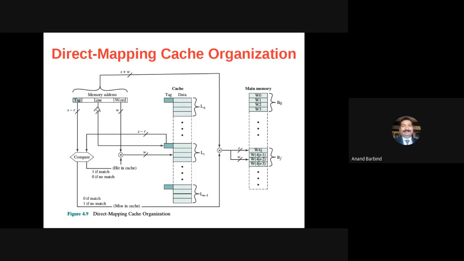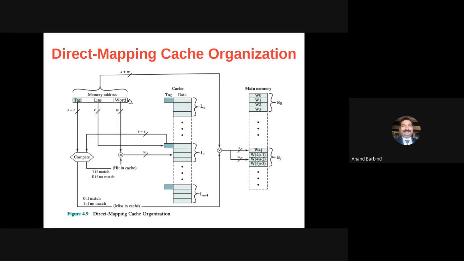So this r bits means if we take 2 to the power r, that will come out to be m. Because m number of lines are there, to identify one of the m lines, you need r number of bits. So 2 to the power r is m.